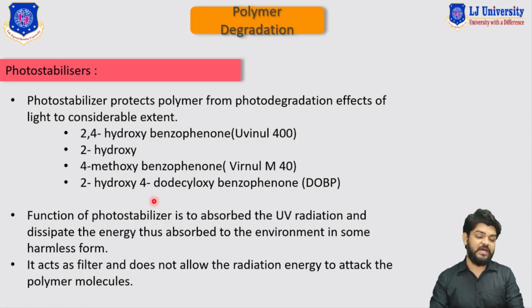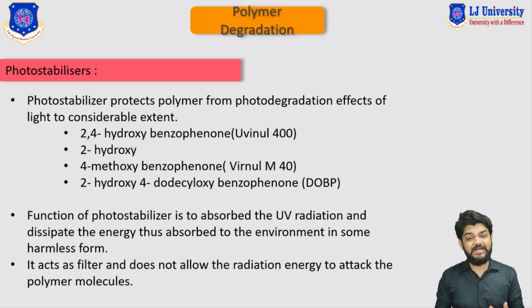As you can see here, the function of the stabilizer is to absorb all the UV radiation coming out of the sun and to dissipate the energy into the environment in a harmless manner. This photostabilizer absorbs all the ultraviolet radiation coming out of the sun and converts it into heat energy.